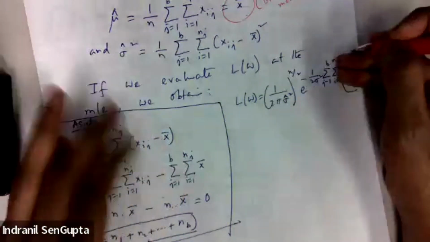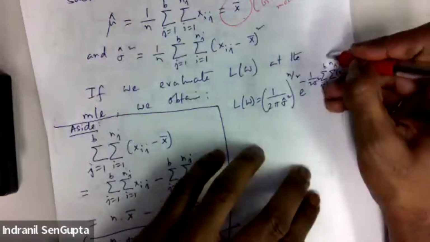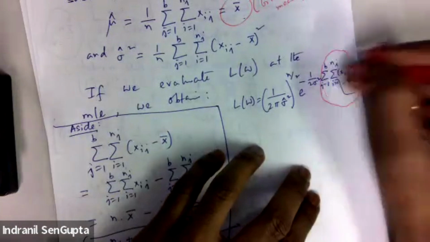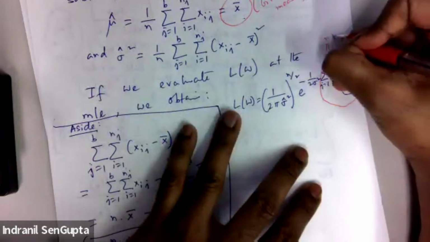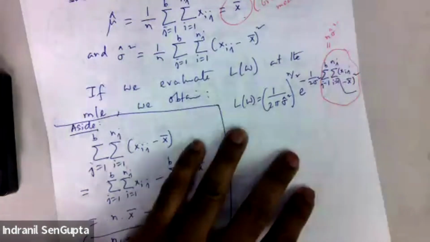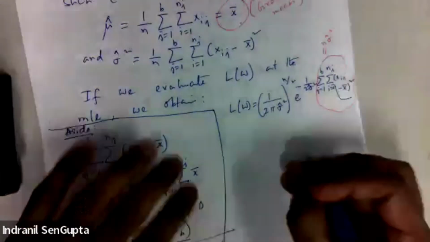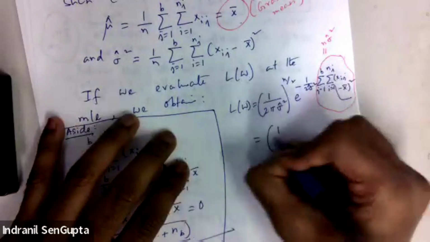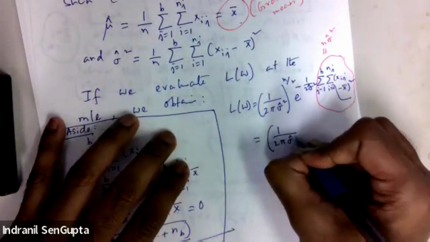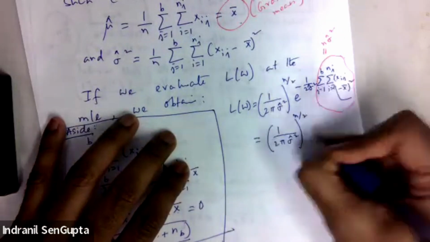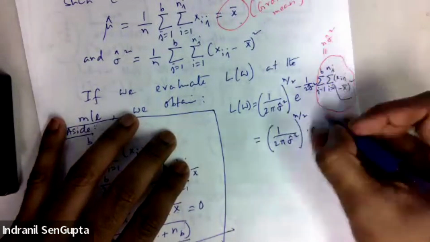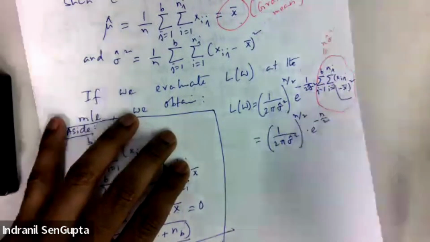Now look at this one. What is this? This quantity is nothing but n sigma hat squared, isn't it? Also, I should have sigma hat here. So if I simplify this, I have just 1 over 2 pi sigma hat squared, to the power n over 2, times e to the minus n over 2.